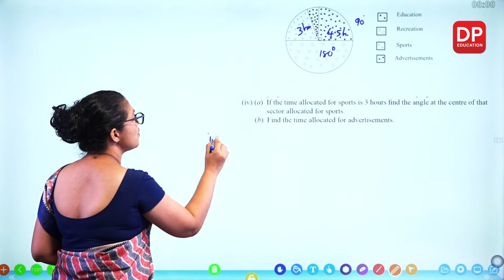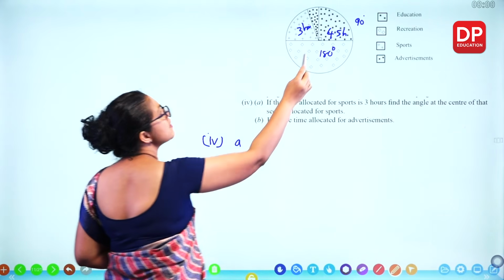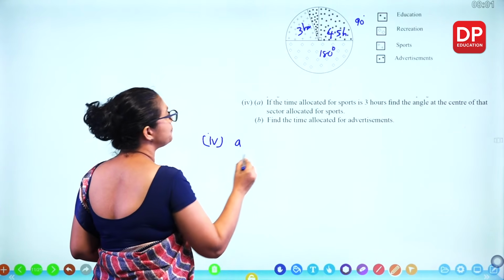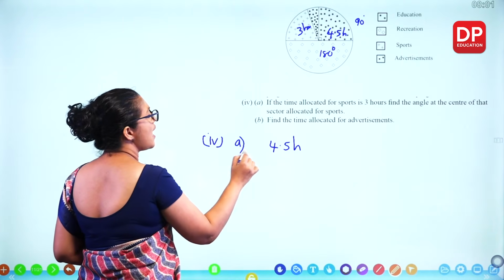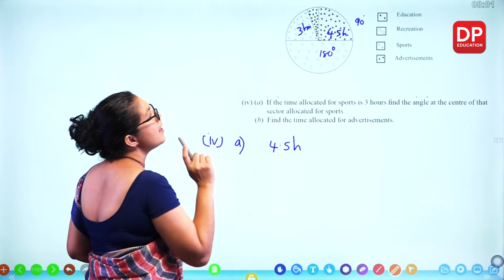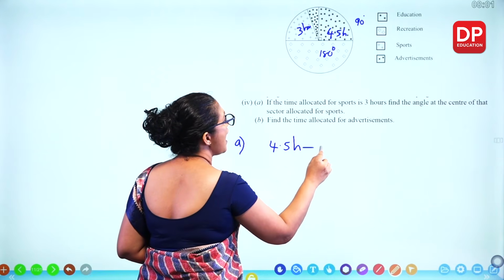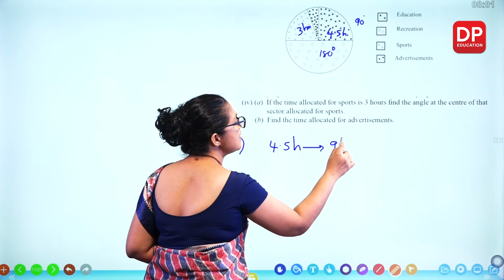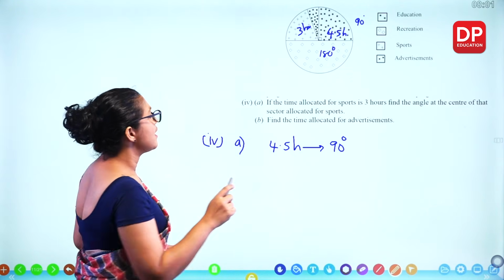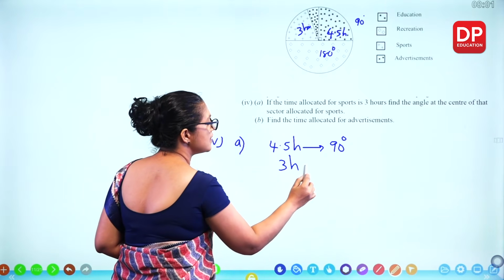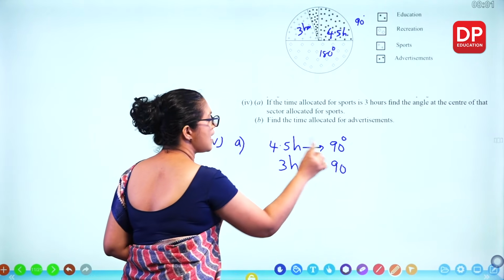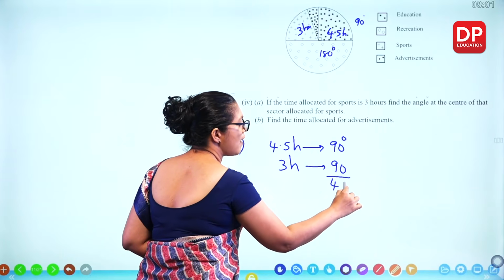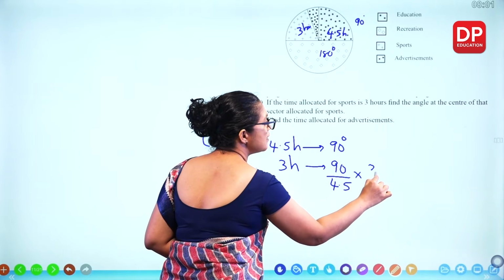So how can we do that? We can use this information. We know 4.5 hours time is allocated for education and the angle there is 90 degrees. Now we want, if this is 3 hours, what's the angle? So we can do that. 90 divided by 4.5 times 3.